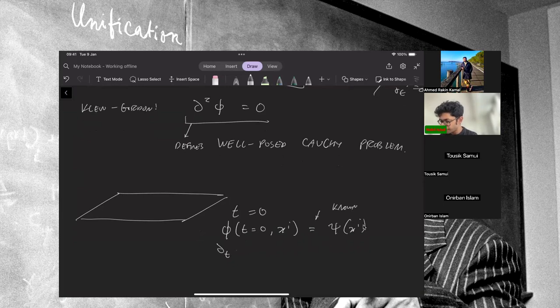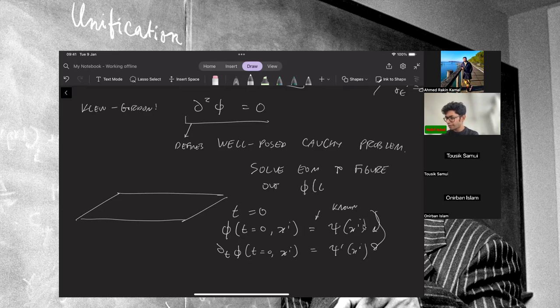And we also specify the time derivative of φ at this point. Let me call this ψ'(x_i). If you specify these two things, then you can solve the equations of motion to figure out φ(t, x_i) for all later times.